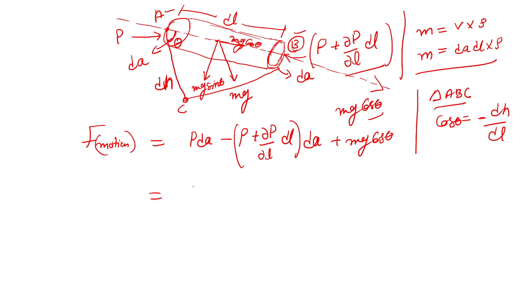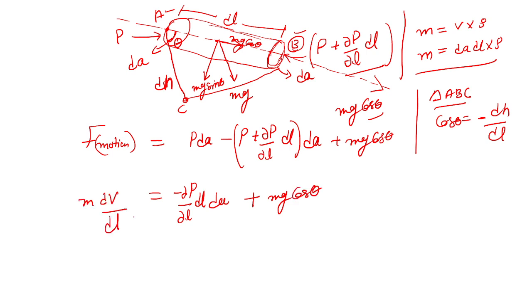When we calculate it further, P dA, the force acting on A, will be cancelled out. I am putting it directly, so don't be confused. So here will be ∂P/∂L dl dA plus mg cos theta. And the value of the force due to motion is mass into dV over dt.